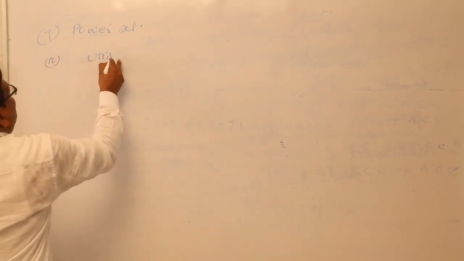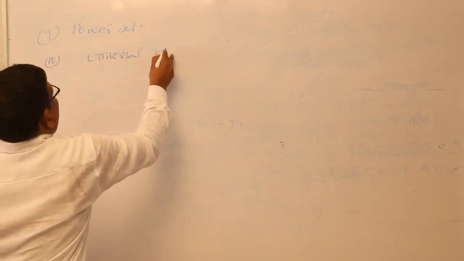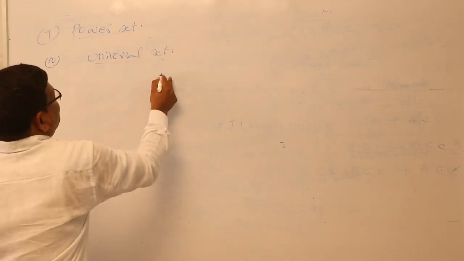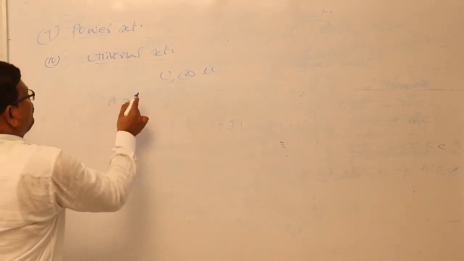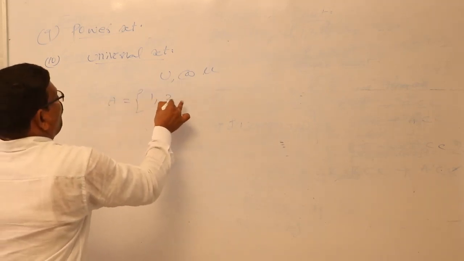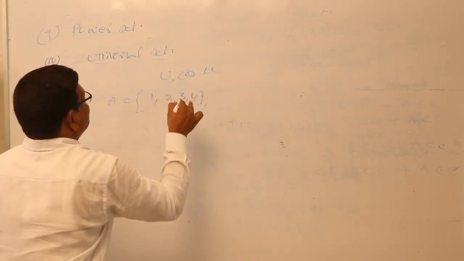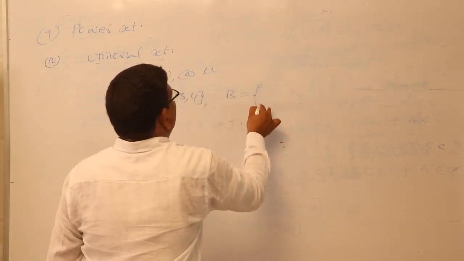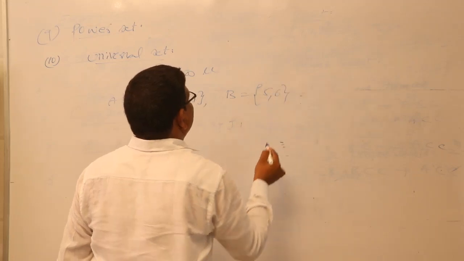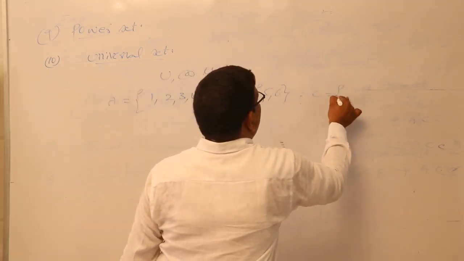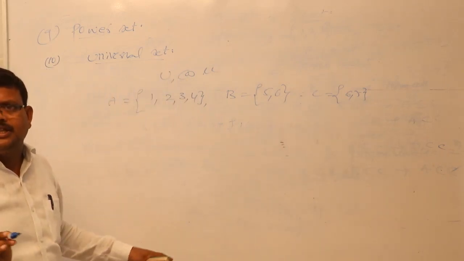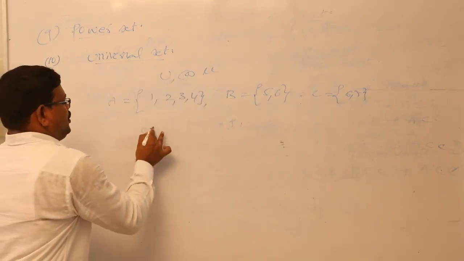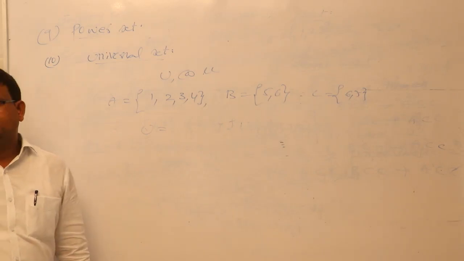It is denoted with U or μ. So if you take A = {1, 2, 3, 4}, B = {5, 6} and C = {6, 7}, then the universal set is the union of these.